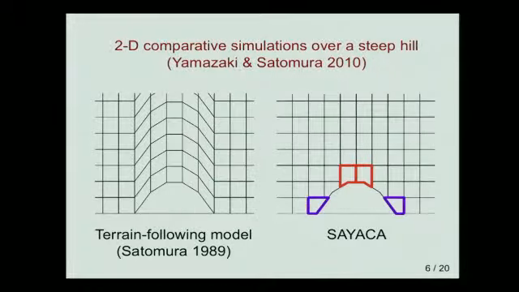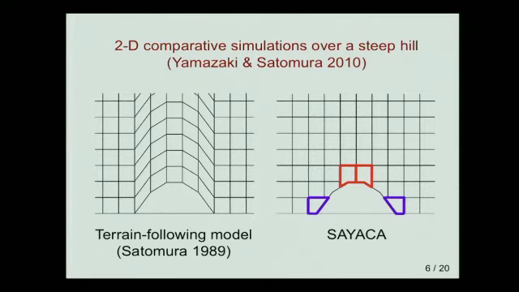Here's a 2D example of the simulations of flow over steep topography using a terrain-following model developed by Schär and Müller in 1989, and also my Cartesian model using cell merging. In this test, a semicircular mountain is represented in a relatively coarse resolution.